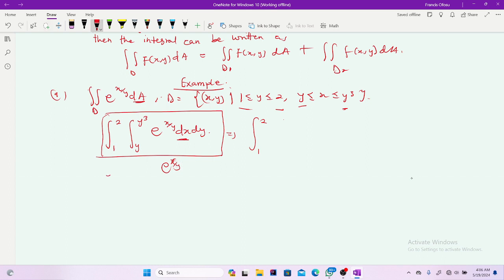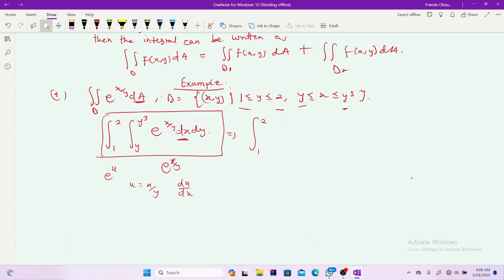It's like e to the power u, where u is equal to x over y. You differentiate u with respect to x, then divide by it. The general statement is that you always differentiate the power and divide the expression by the derivative.